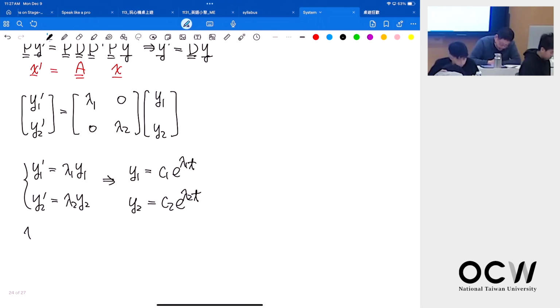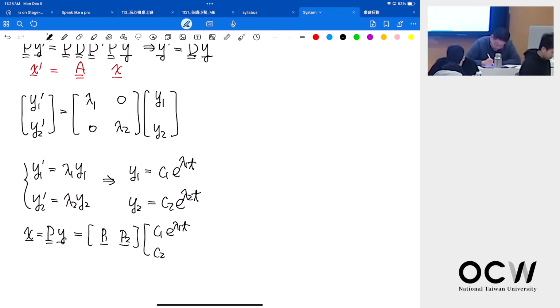Then x equals P y. We know P is formed by your eigenvectors p1, p2, and your y we just found. So that gives you c1 p1 e to the lambda 1t and c2 p2 e to the lambda 2t.